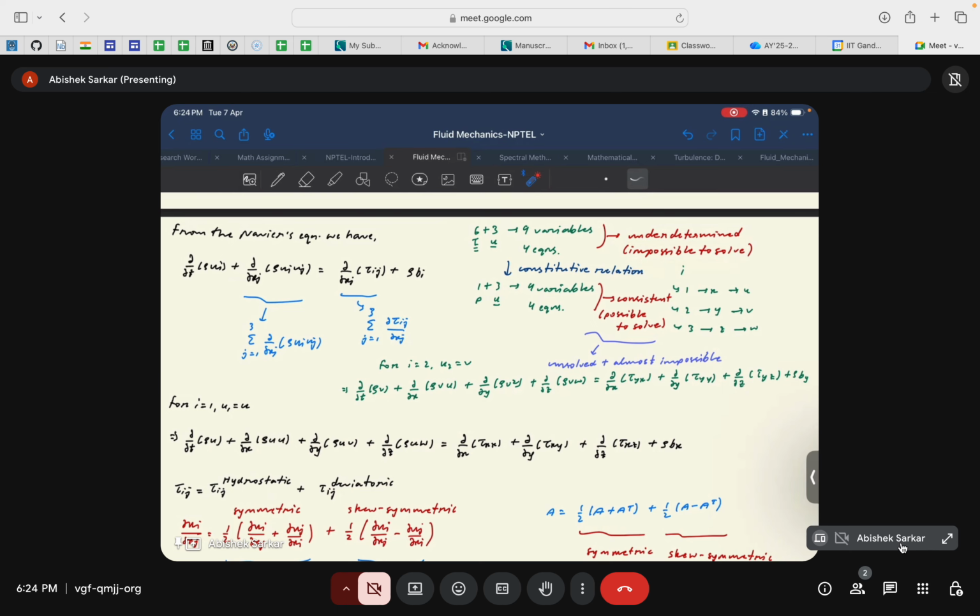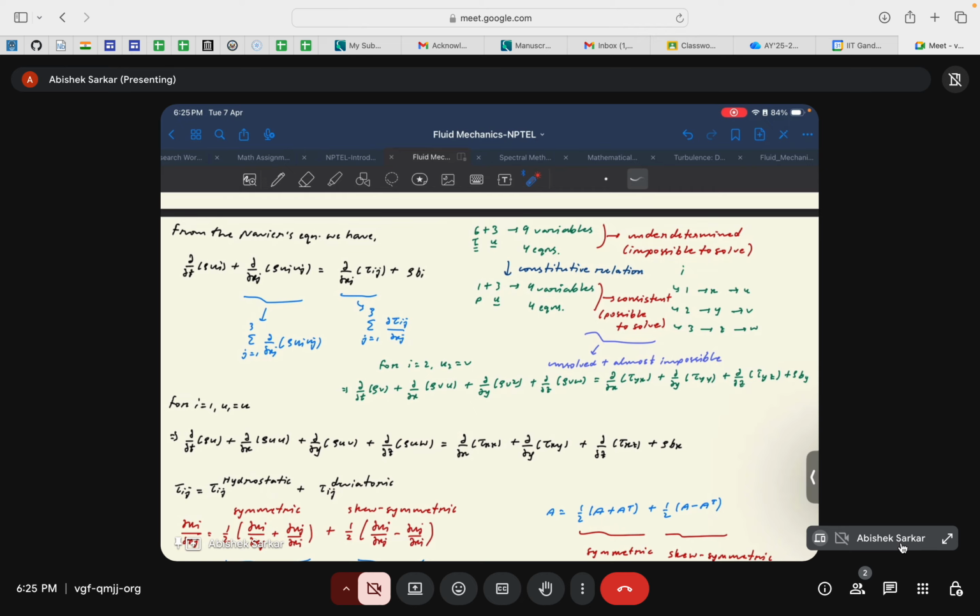Okay, so that's why we try to obtain the stress tensor in terms of the velocity components. And if you remember, we represented it in terms of the velocity gradients, which we named the strain rate tensor.